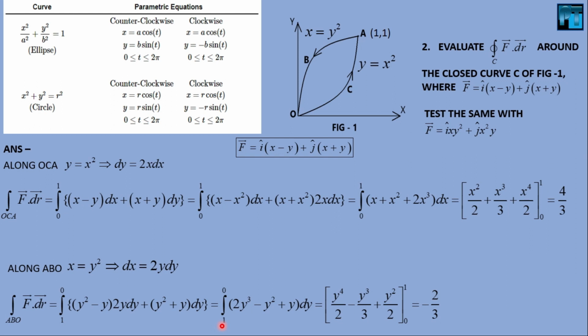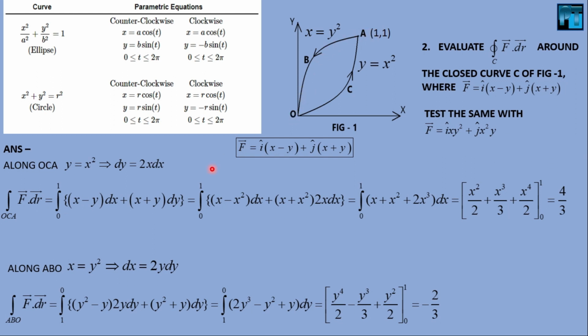Now watch out for the limit. Don't use the common 0 to 1. This is not 0 to 1. See, our starting point is A, that is (1,1), and our final point is O, that is (0,0). So the limits of both x and y vary from 1 to 0.